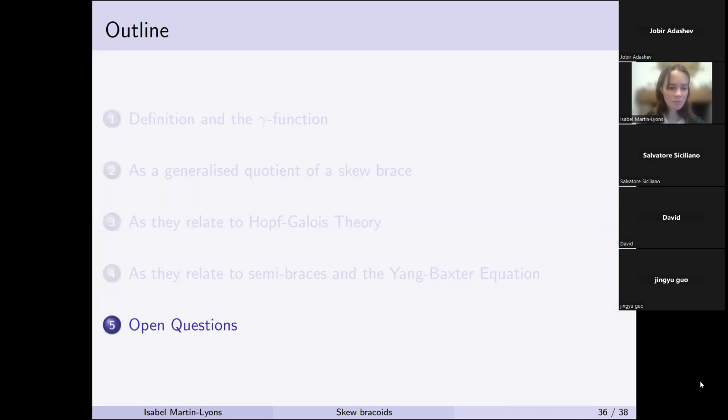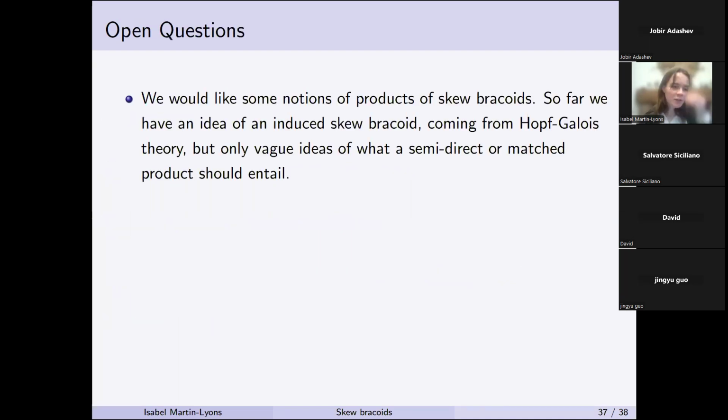So that's basically all I had to say, but I'll finish with a few open questions. One for the abstract: it would be nice to have some notions of products of skew bracoids. We've got a lot of connections to other areas of study, as you've seen, but it's a very new object, so we haven't got a lot in and of itself.